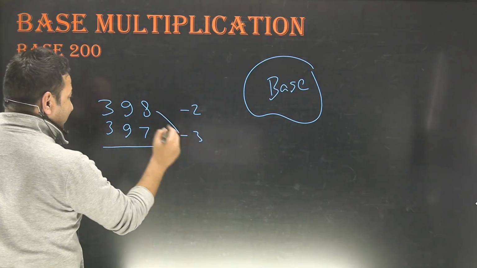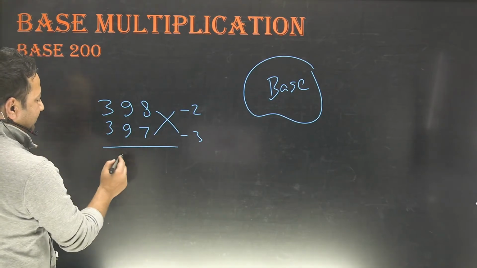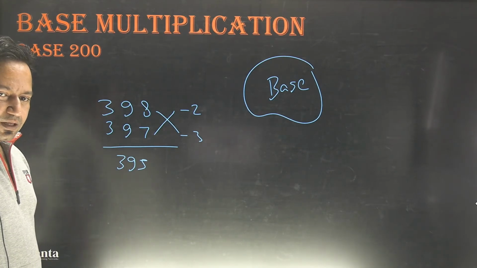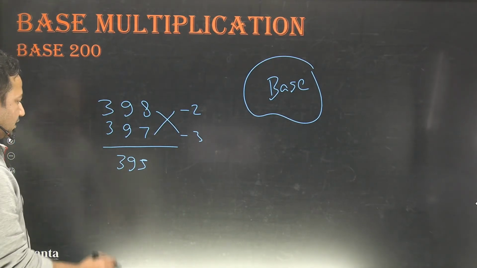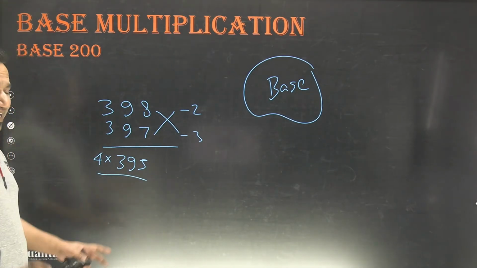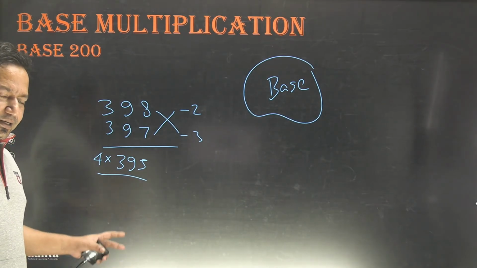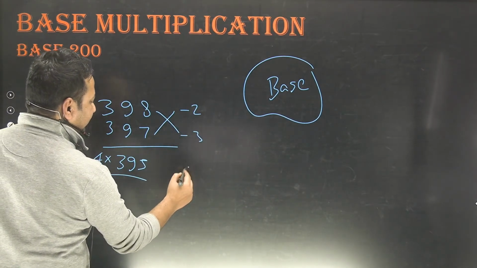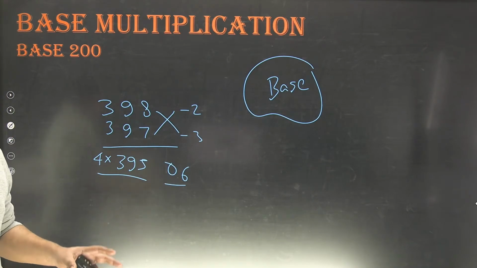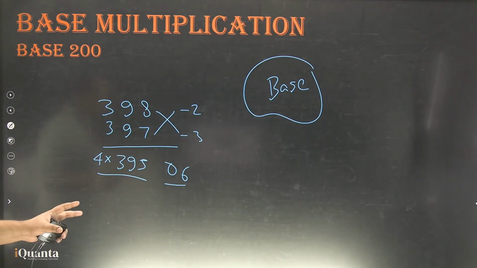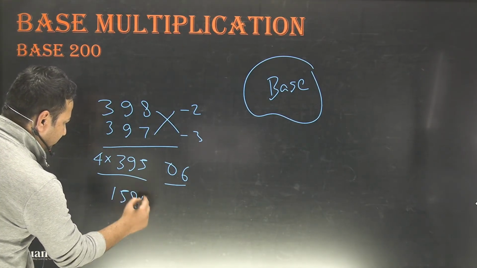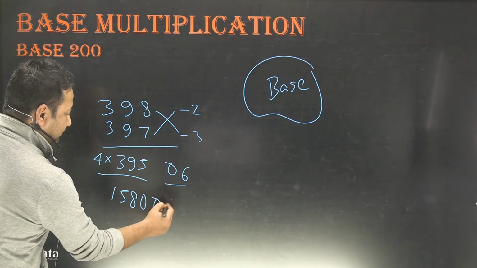If I subtract 3 from 398 and 2 from 397, I'll get 395 in both cases. And we need to multiply this by 4, because the base is 400. Till here, is this clear? 2 3s are 6, only a single digit. We need 2 digits, so we'll put a 0 before it. We'll get 1580 and 06. So this will be our answer.